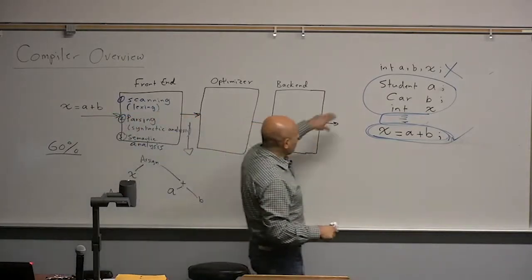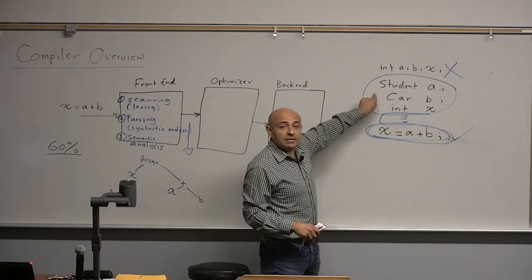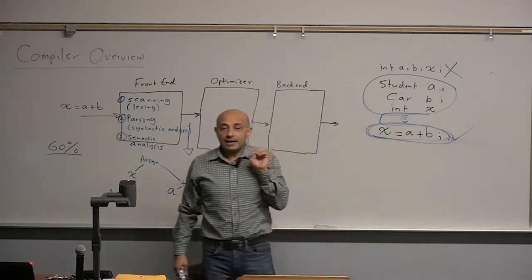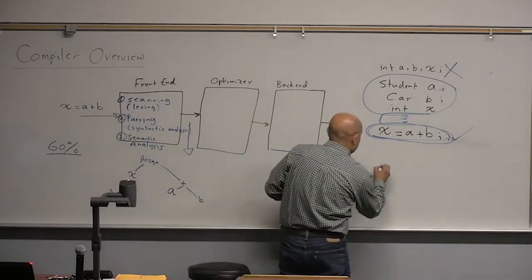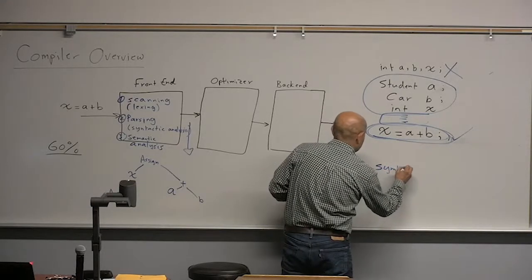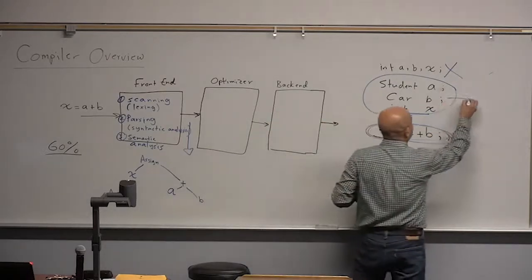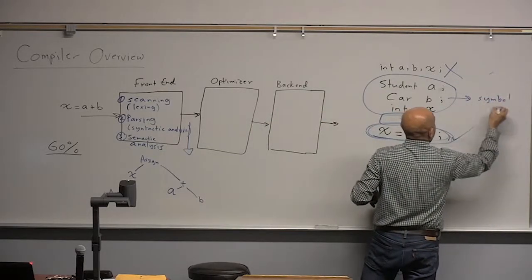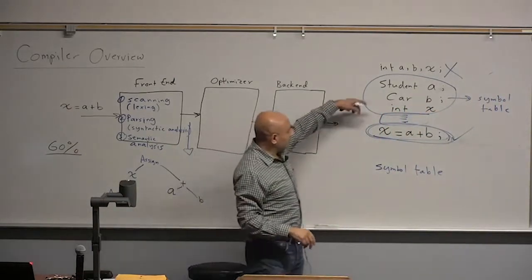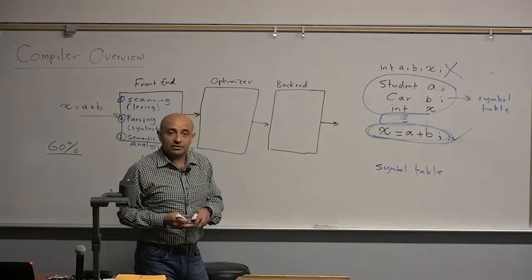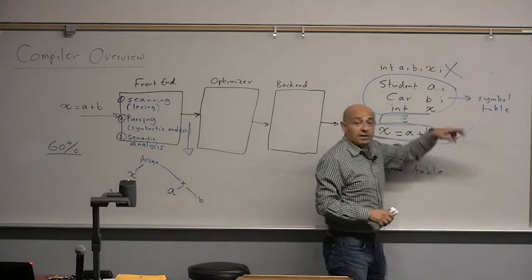So now the compiler needs to find, for each variable that is used here, the corresponding type. In order for compilers to do this, when they process a declaration, they create an entry for each variable in what we call the symbol table. So these declarations go into the symbol table. That symbol table is going to have information about each declared variable, its type, its scope, all the different information that the compiler needs.